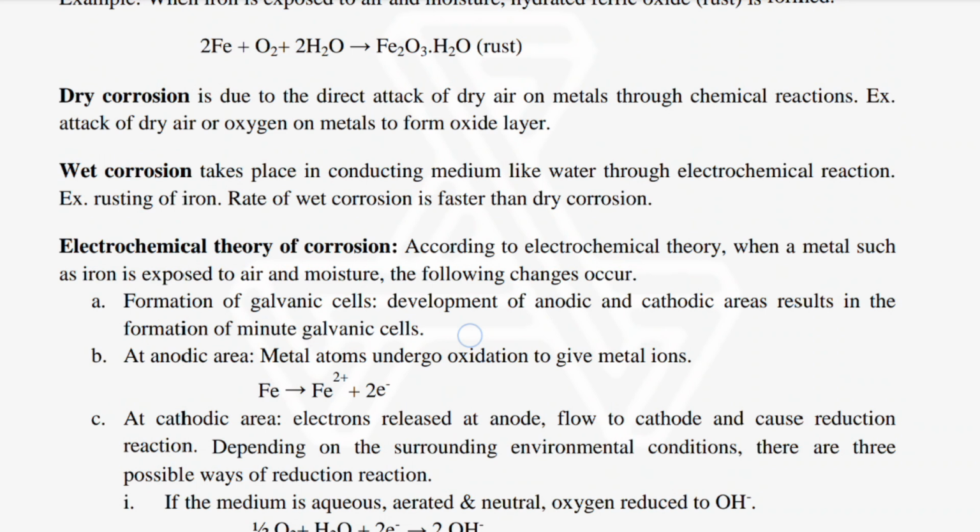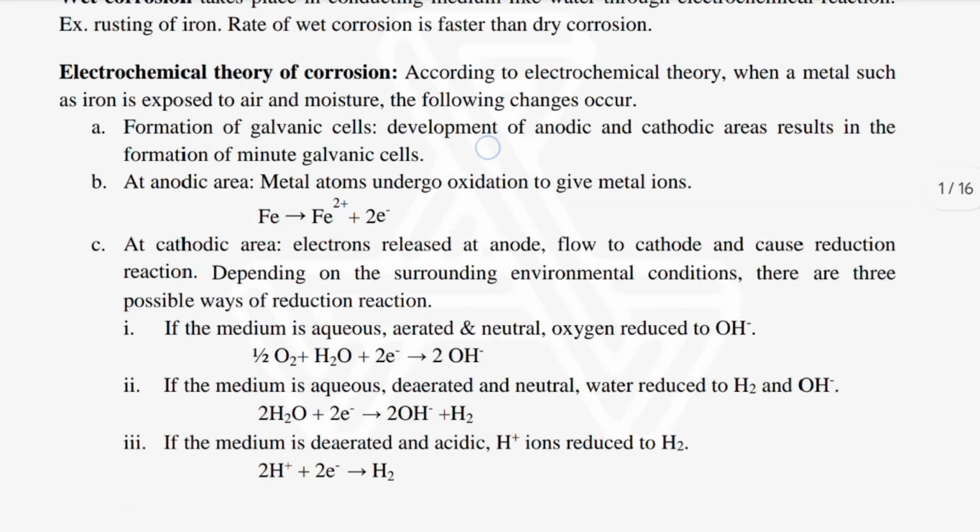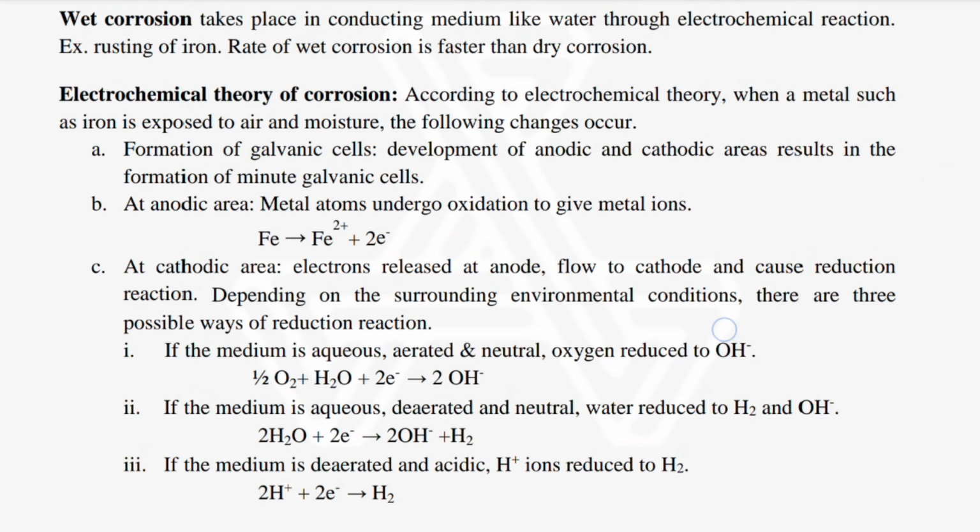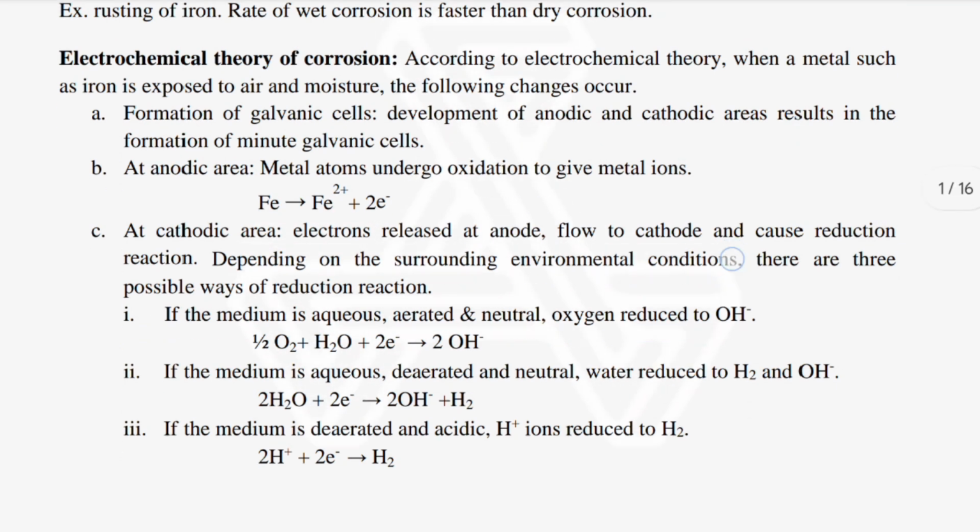Electrochemical theory of corrosion. According to the electrochemical theory of corrosion, when a metal such as iron is exposed to air and moisture, the following changes occur. Formation of galvanic cells: development of anodic and cathodic areas results in formation of minute galvanic cells.